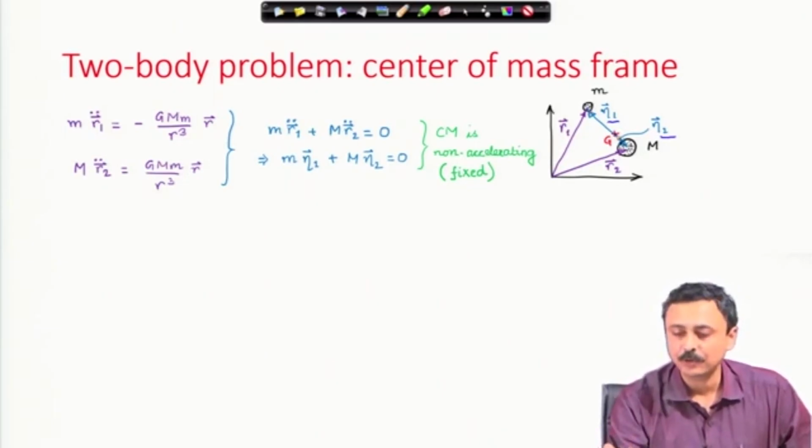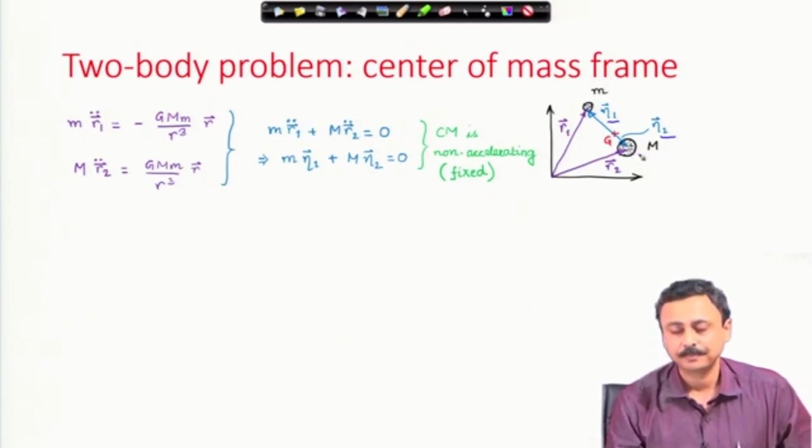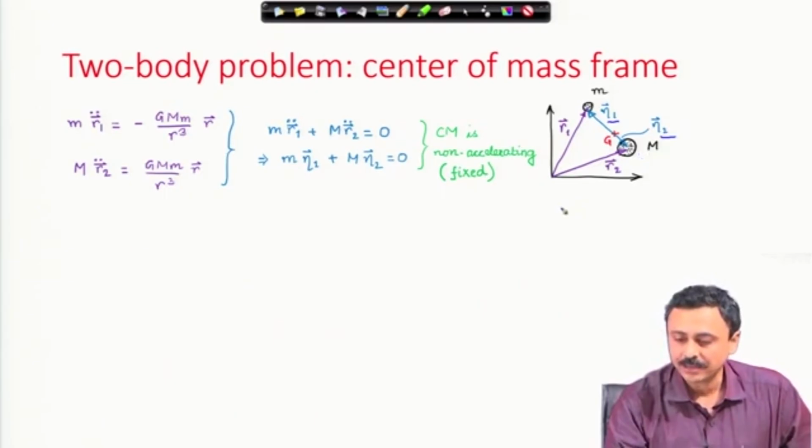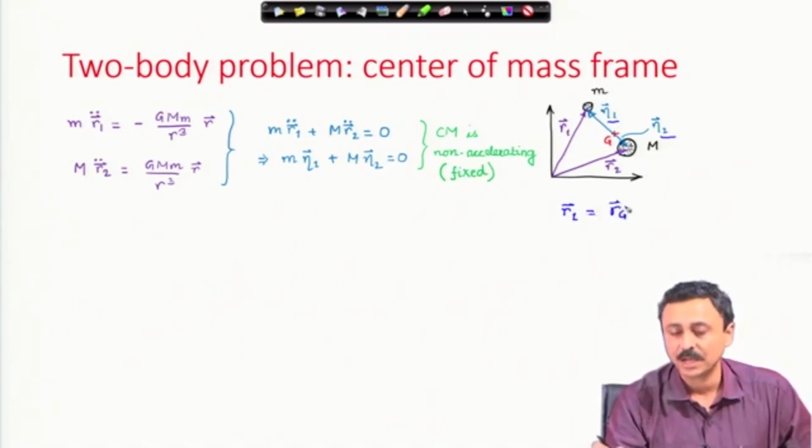Therefore, eta 1 is from G to small mass m and eta 2 is the vector from G to capital M. Then I can write R1 vector as R G vector, which is the position vector of the center of mass, plus eta 1 vector.